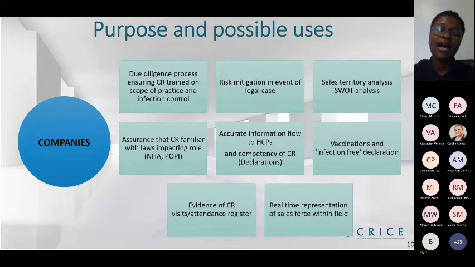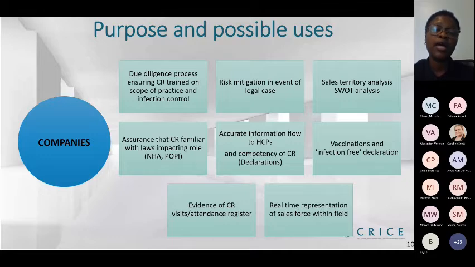For the companies, they can use CRICE as part of the due diligence process, which is to ensure that CRs are trained on their scope of practice as well as infection control. They can use CRICE as a risk mitigation in the event of a legal case.